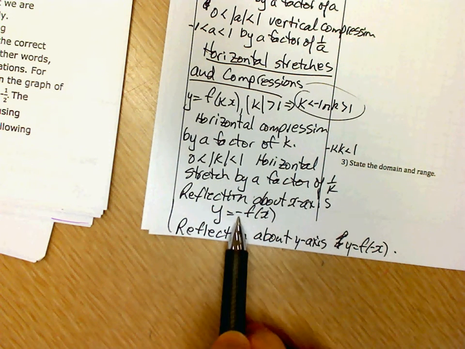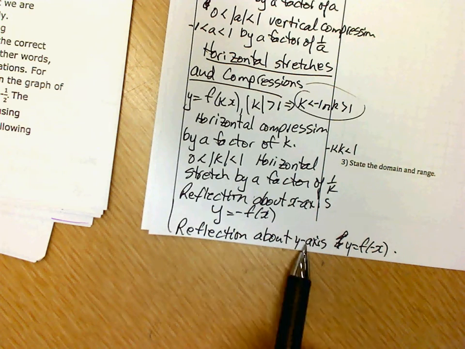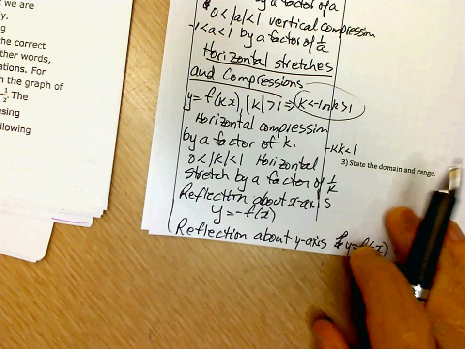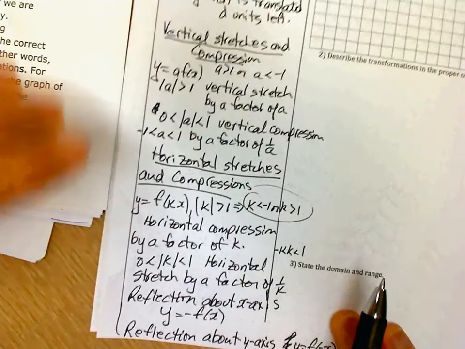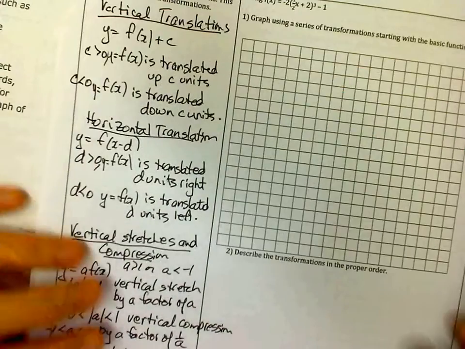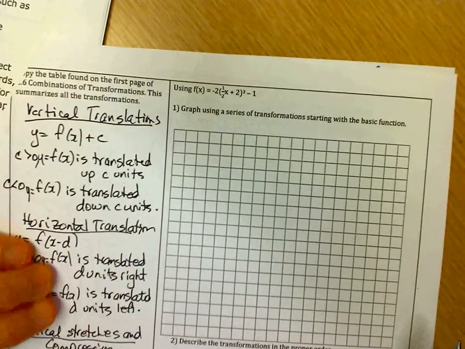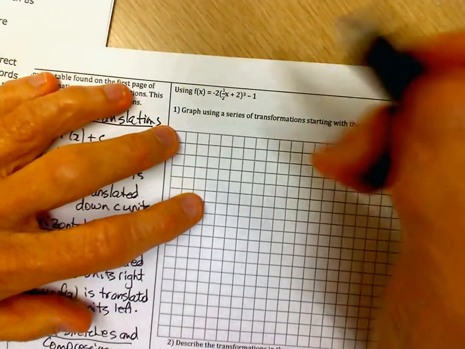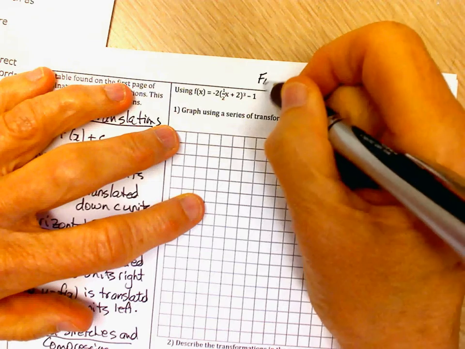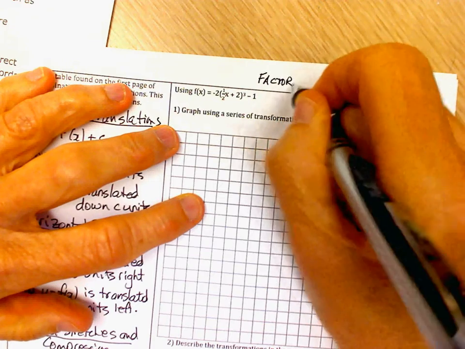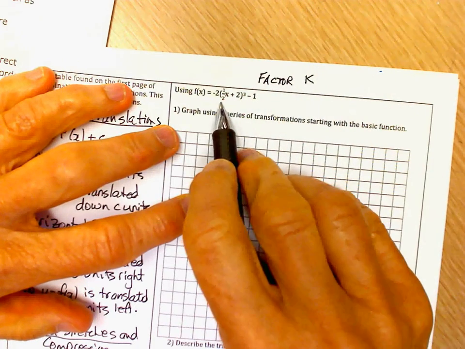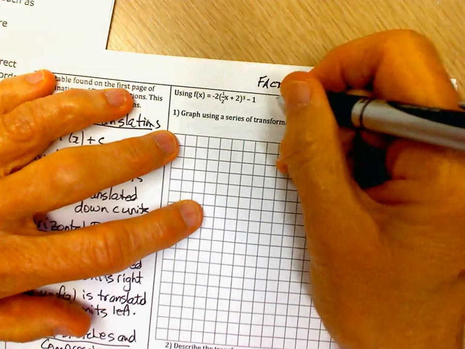Let's do an example. Let's graph the following function using a series of transformations. Always remember to factor your k value, which in this case is 1/2. So f of x, right? Before we do anything, we do that. Otherwise, we're not going to get the correct transformations.